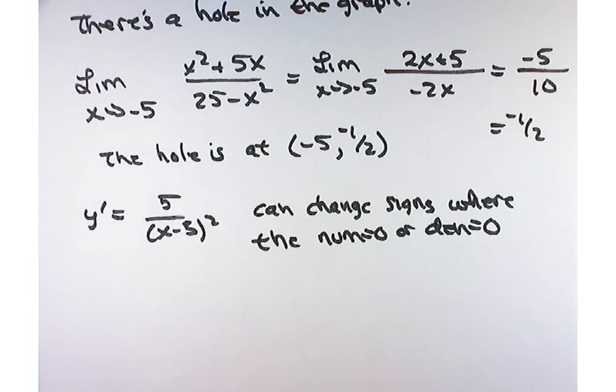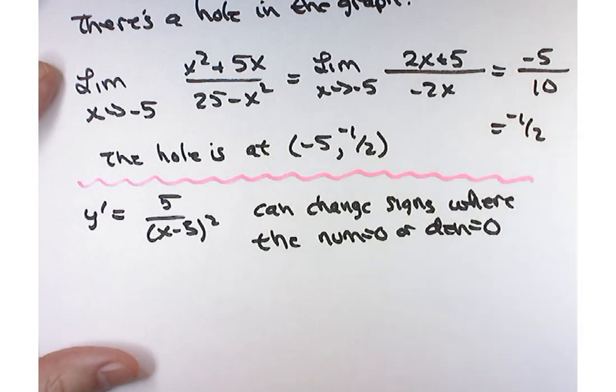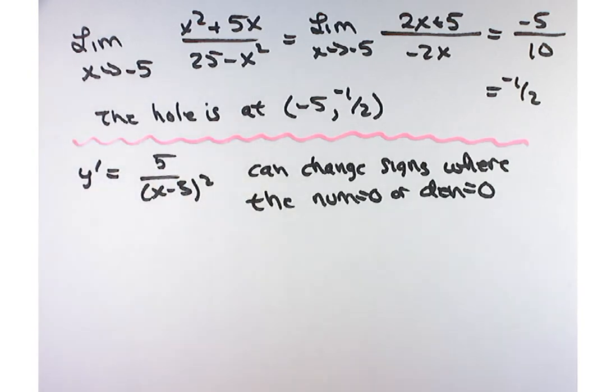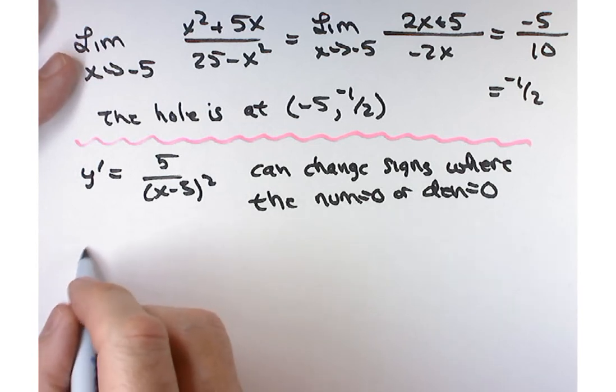Can the numerator equal 0 anywhere? No. The numerator can't equal 0. How about the denominator? Can the denominator equal 0? At 5.